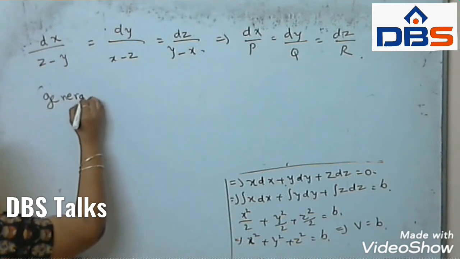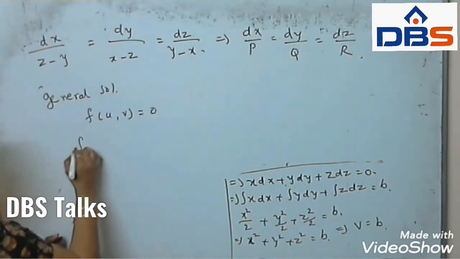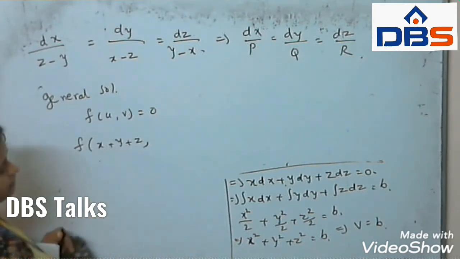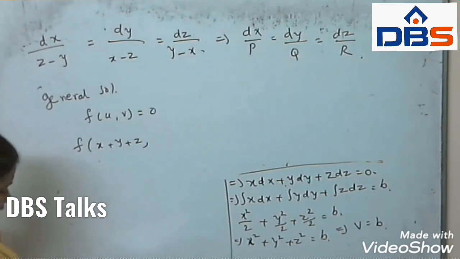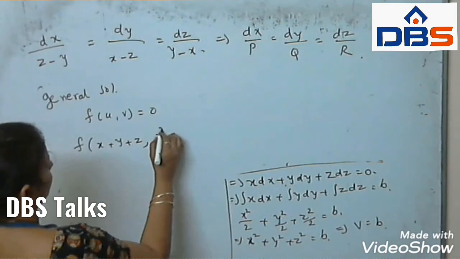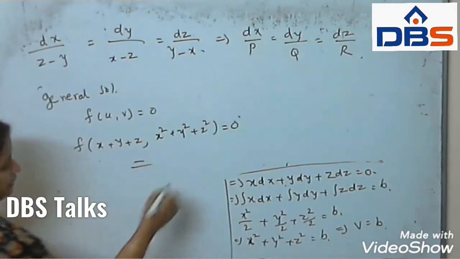So the general solution, f of u, v equal to 0. F of what is u? x plus y plus z, comma v, x square plus y square plus z square, equal to 0.